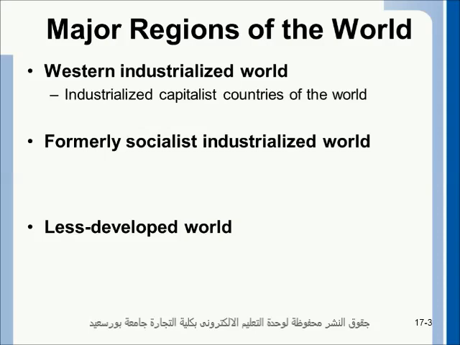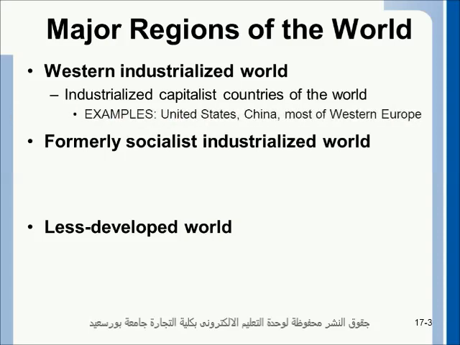The Western industrial world comprises the industrialized capitalist countries of the world. For example, United States, most of Western Europe. This is the Western industrialized world.